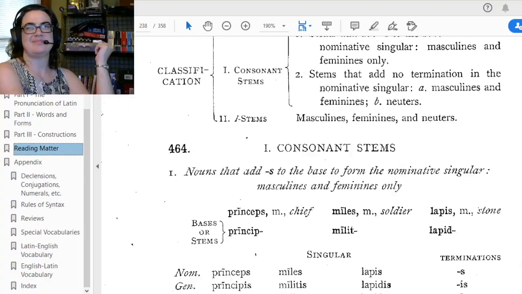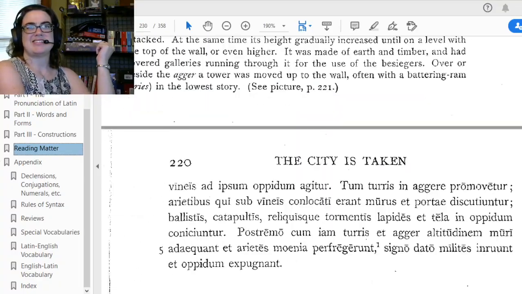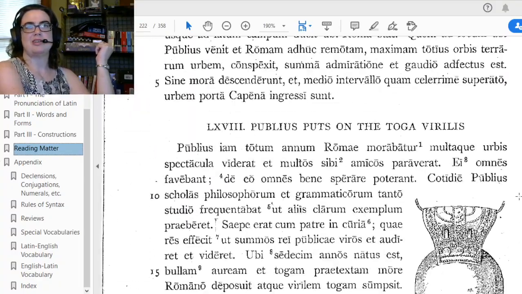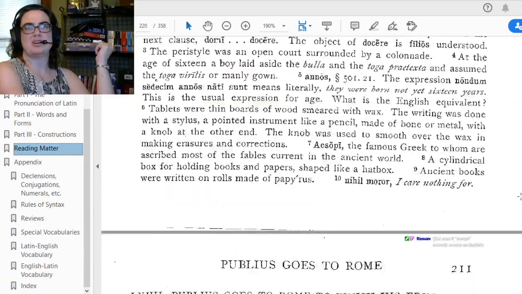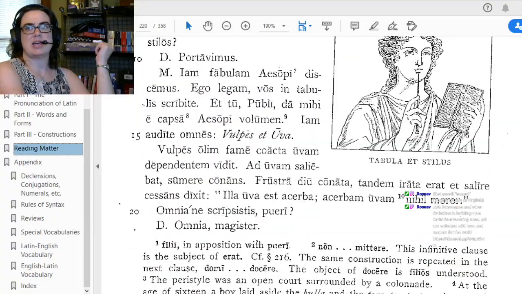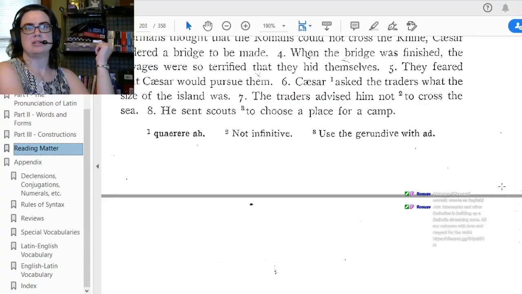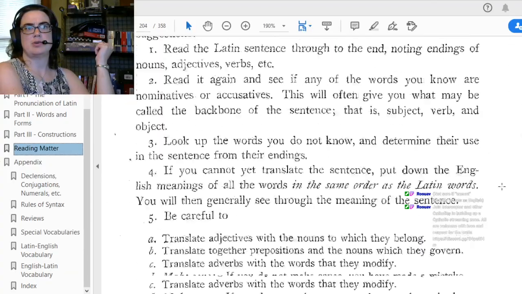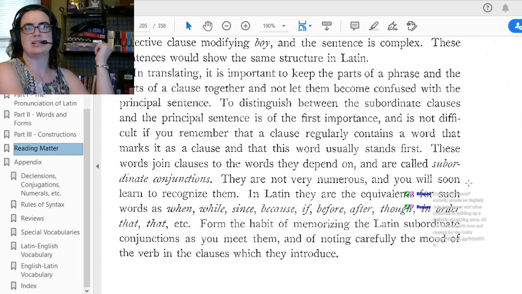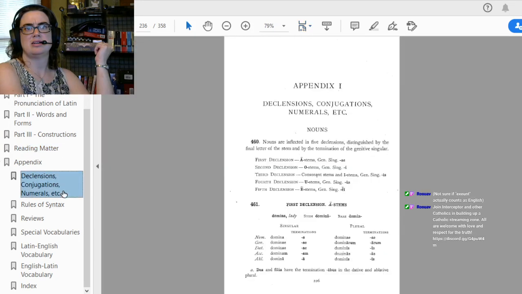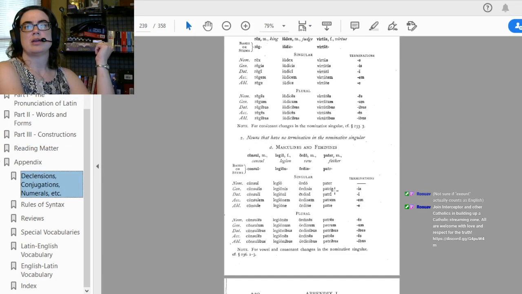Because indirect statement isn't hard per se. It really isn't. But where is 499? Where do I find 499? Here we go.